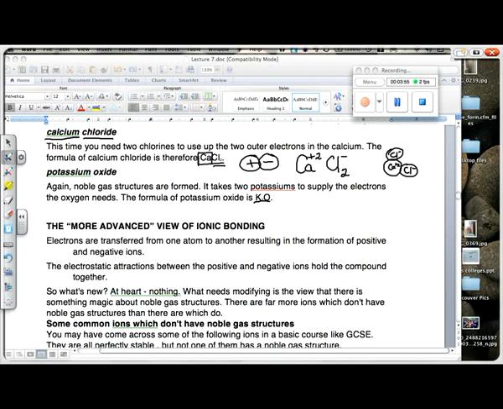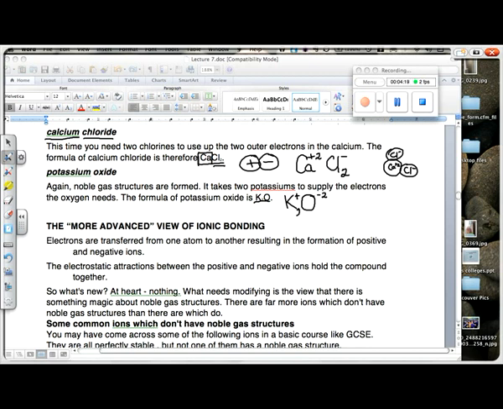All right, potassium oxide. Potassium, a metal, 1 valence electron, group 1A, loses it to form a plus 1. Oxygen, a nonmetal, 6 valence electrons, has to gain 2 to make 8. So it has a negative 2 charge. So we have the opposite situation here.